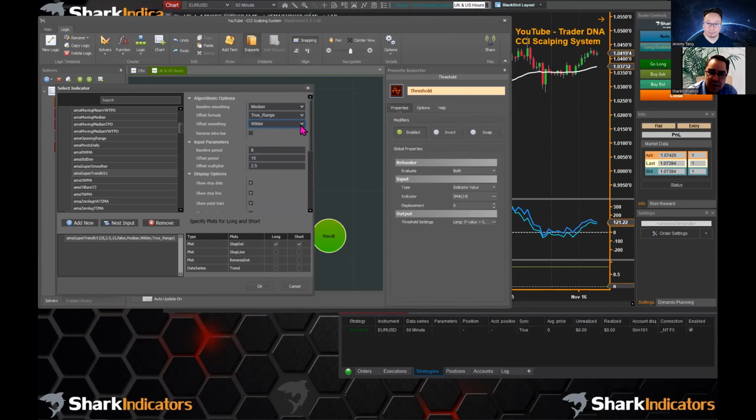And could you imagine having a setting for every possible indicator, all hard coded into the menu system? That would make using the menu completely impossible. You just can't hard code every single indicator into what's called the property grid to make optimization possible. So that's the technical limitation here.